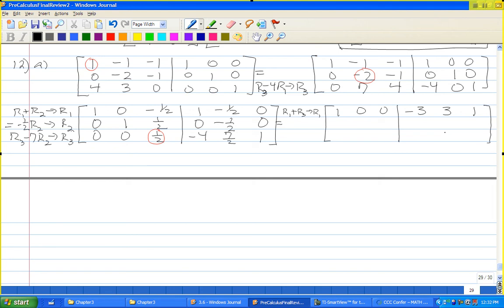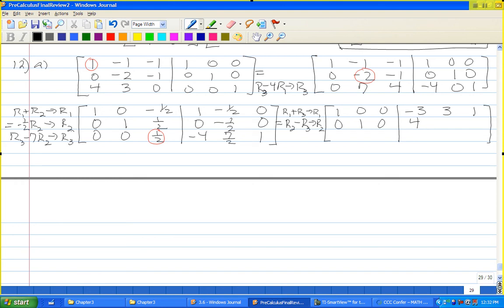Good. And now let's subtract. So I'll take row 2 minus row 3. Give me a new row 2. So 0 minus 0, 1 minus 0, 1/2 minus 1/2. Oh, you stupid. 1 minus 0. 0 minus a negative 4.